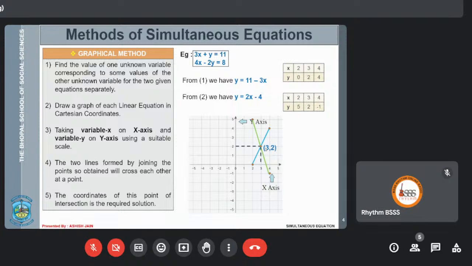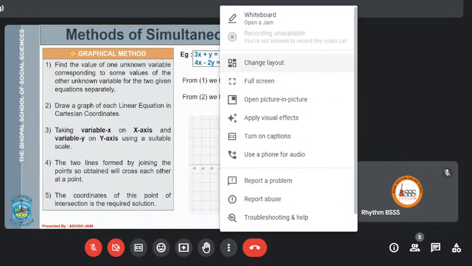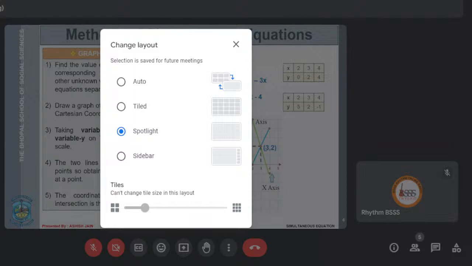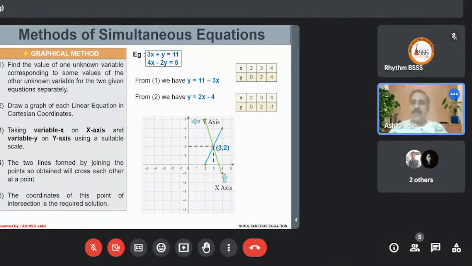Similarly, you take different values of x and find different values of y for equation number 2. Generally, we take such values of x so that we have definite values of y, not the decimal values. Okay, we should have an integer value. So I am taking the value of x as 2, 3, and 4 and find the value of y. Similarly, for second equation, I take the value of x as 2, 3, and 4 again and find the value of y.